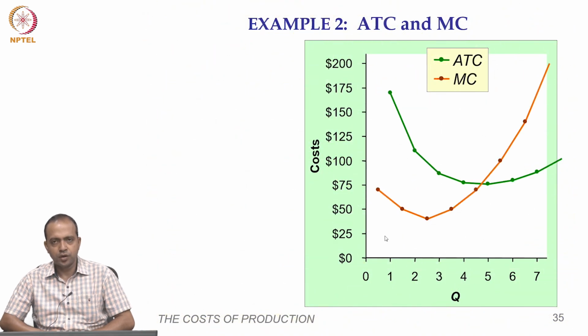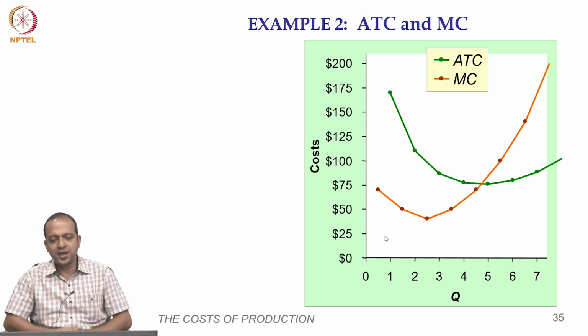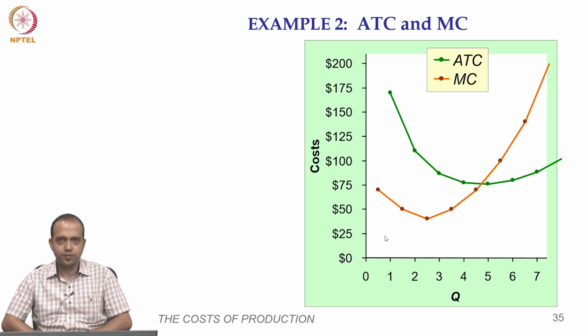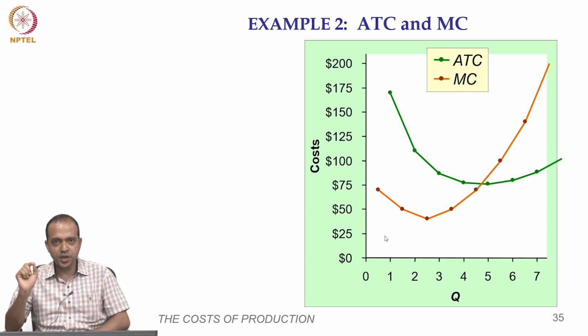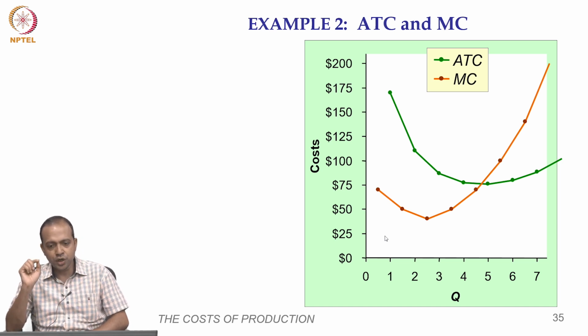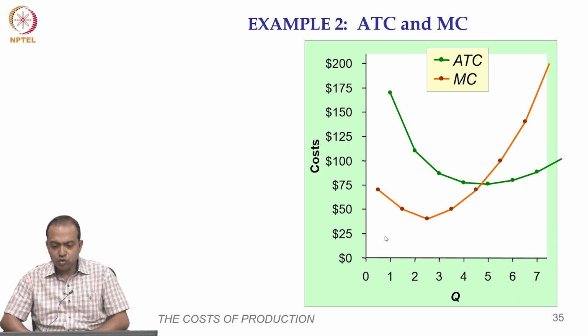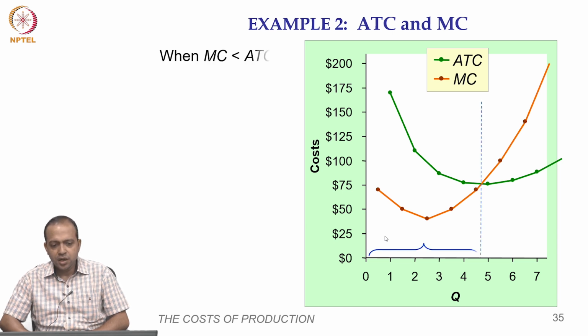The relationship between ATC and MC is very important, so please pay your attention to this. What is the relationship between average total cost and marginal cost? As long as MC is less than ATC, this is the range, what is happening to ATC?